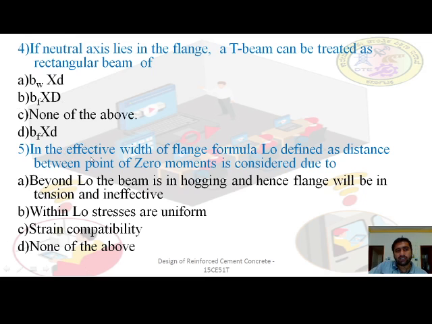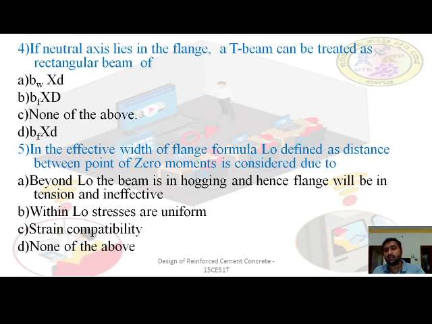Fifth question: in the effective width of the flange formula, L0 is defined as the distance between the points of zero moment. It is considered because beyond L0 the beam is in hogging and hence the flange will be in tension and ineffective. This sentence is straight away right, because as we have already told, near the support section there will be hogging and the T-beam action won't come into the picture.